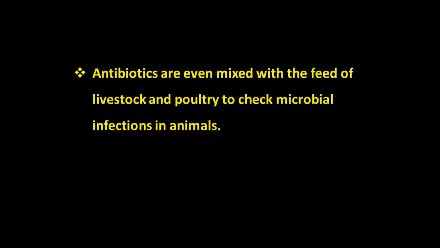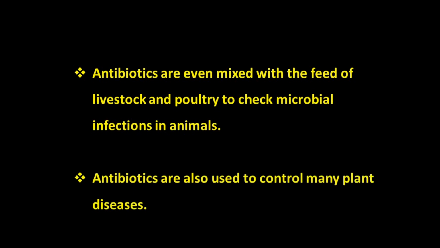Antibiotics are even mixed with the feed of livestock and poultry to check microbial infections in animals. Antibiotics are also used to control many plant diseases. So antibiotics are used to control disease in animals and plants also.